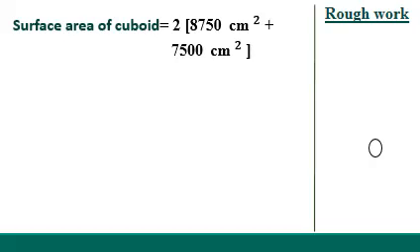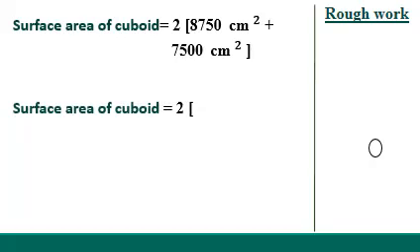So now we need to take the sum of these two numbers which are there within the square bracket. Firstly, we are going to write down surface area of cuboid is equals to 2 will be written as it is and the square bracket will be written as it is.